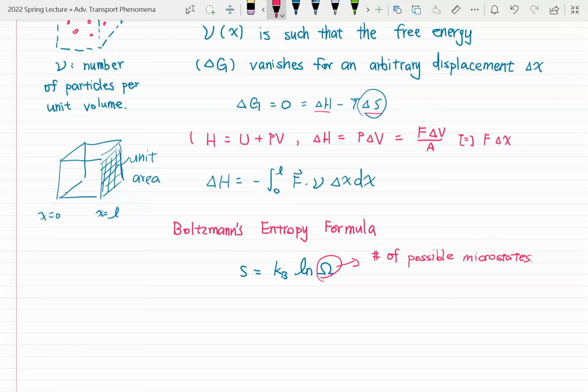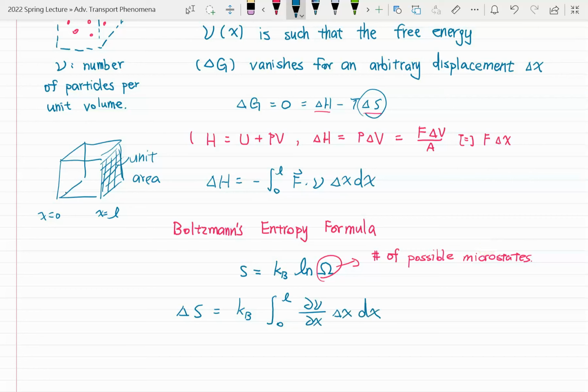Okay, so based on that definition, delta S can be written as the following. Delta S here equals the Boltzmann constant times the integral from 0 to L of partial nu partial x delta x dx.